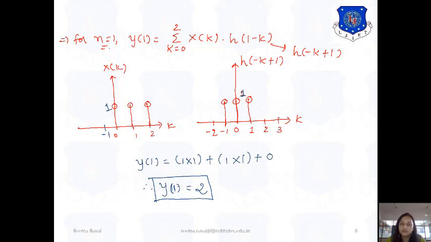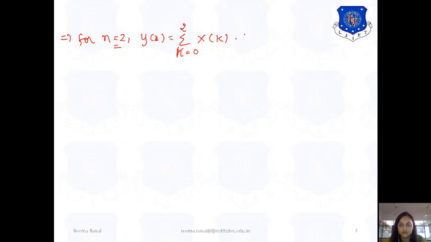Now for the next value, in h of minus k plus 2, this will be shifted to the right side by 1 more instant. So minus 1 will go to 0, 0 will go to 1, and 1 will go to 2. That means the next values will be at 0, 1, 2. Okay. So here h of n minus k, where n is 2, will be h of 2 minus k, and we can write it as minus k plus 2.